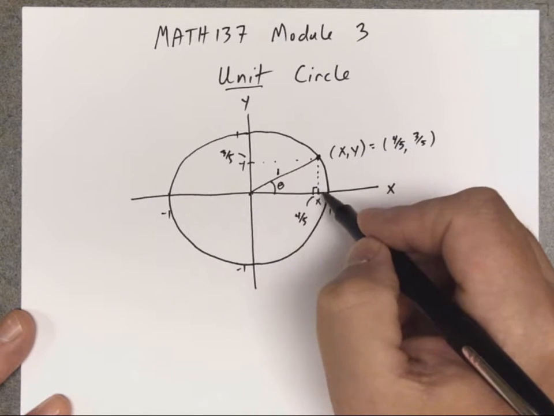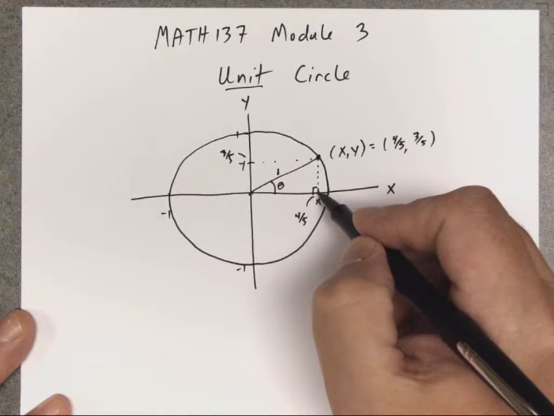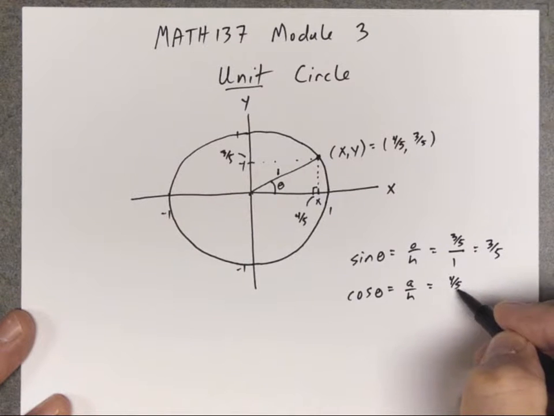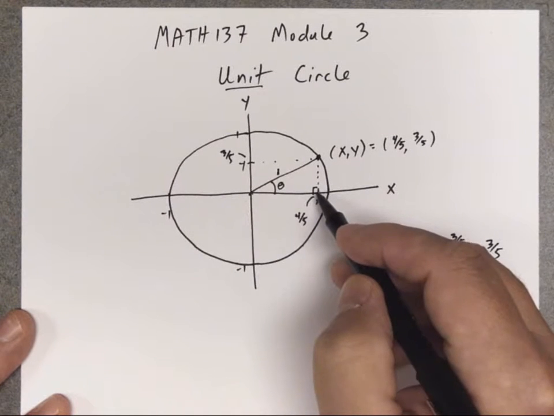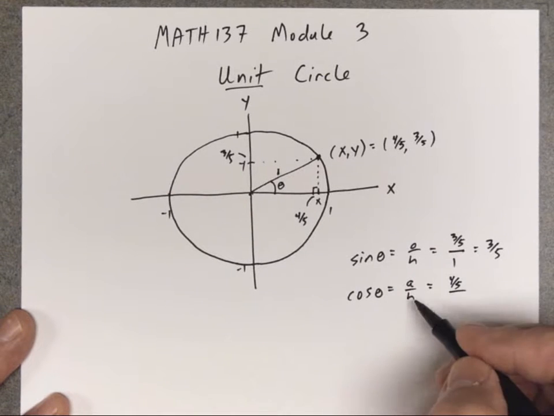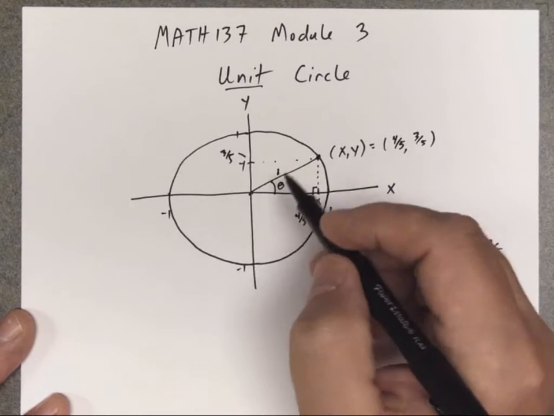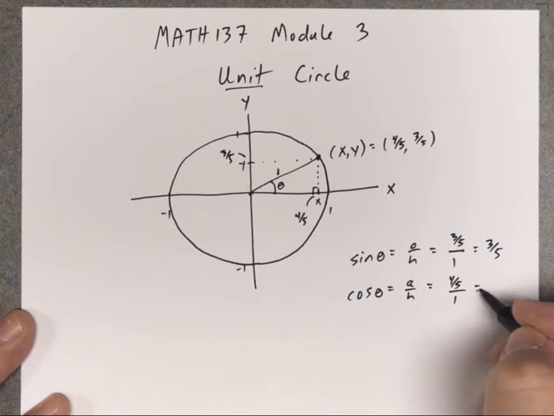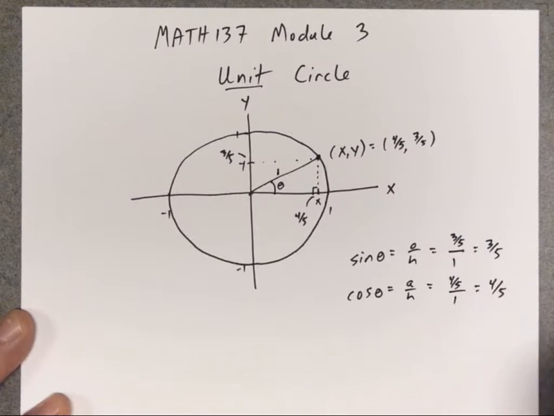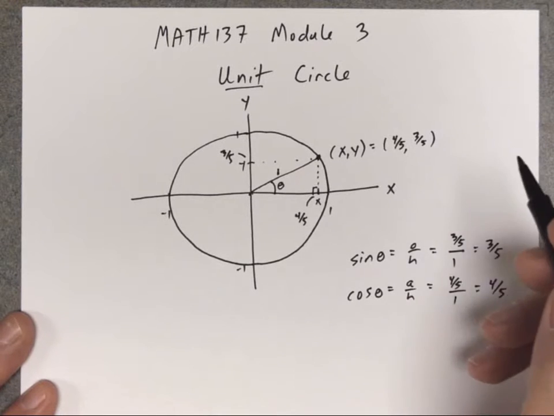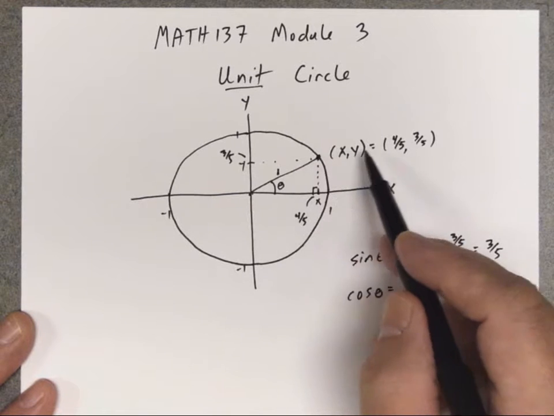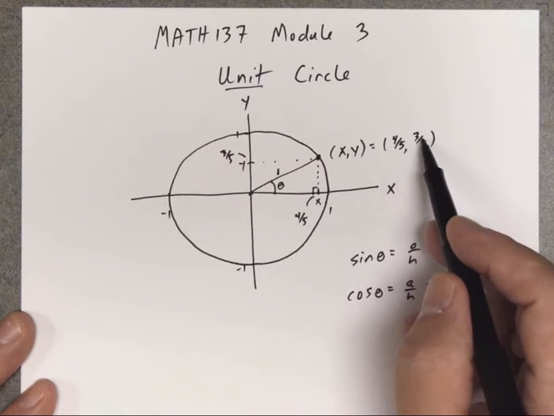Of course, that distance is x, which in this case is 4/5. Adjacent over hypotenuse, once again, what's the hypotenuse of this triangle? It's 1. So the cosine is 4/5. And what's interesting now is, once again, looking at this point, 4/5 is the x, 3/5 is the y.